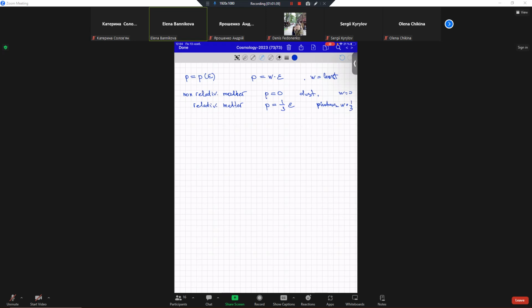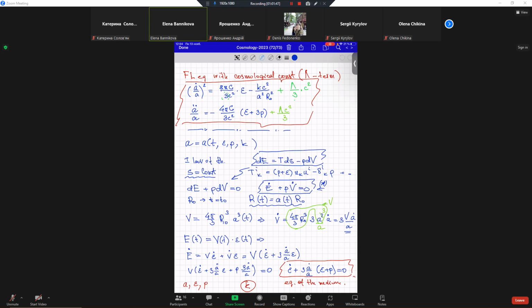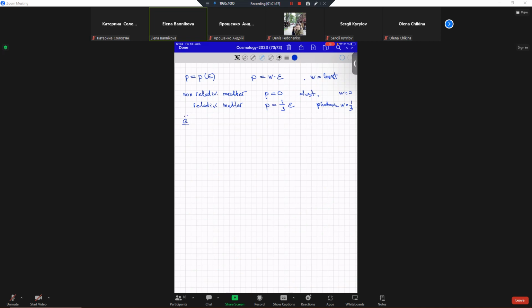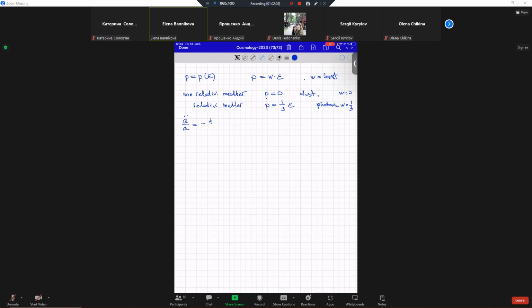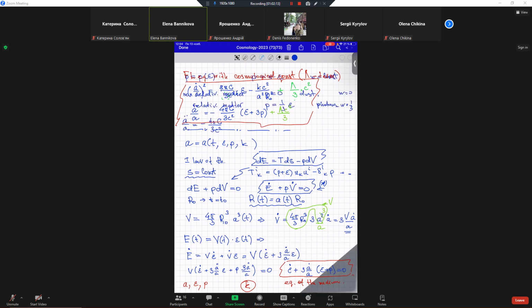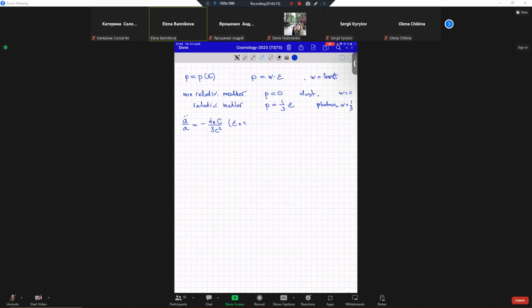And also there is an interesting component, because if we come back to the acceleration equation, the Friedmann-Lemaitre acceleration equation, I'll write it here again: a double dot divided by a equals minus 4 pi G divided by 3c squared, times epsilon plus 3p.